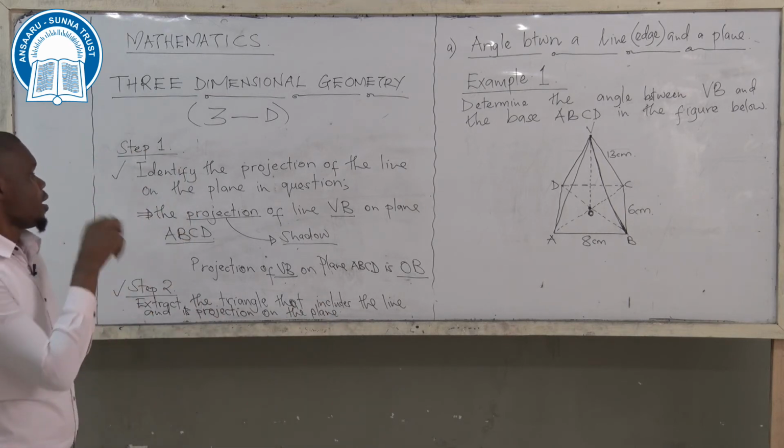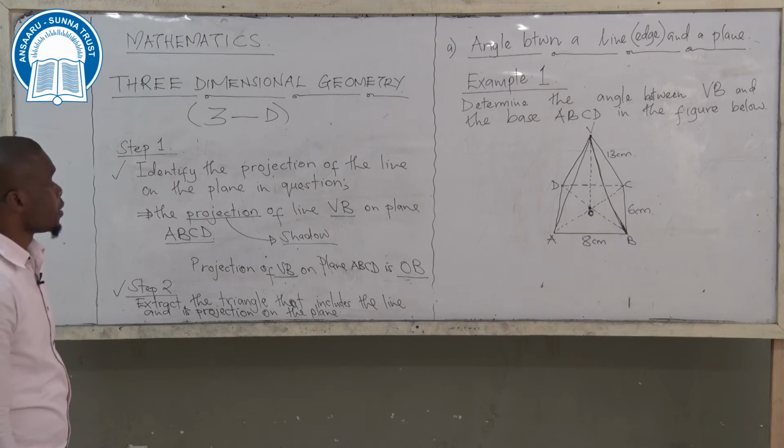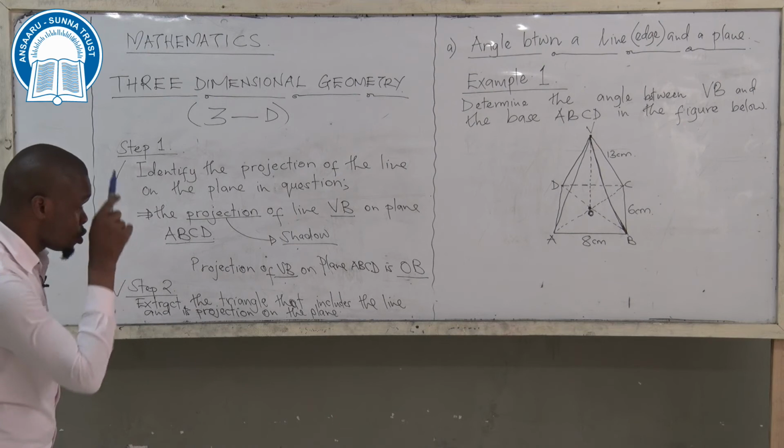Extract the triangle that includes the line in question and its projection on the plane.